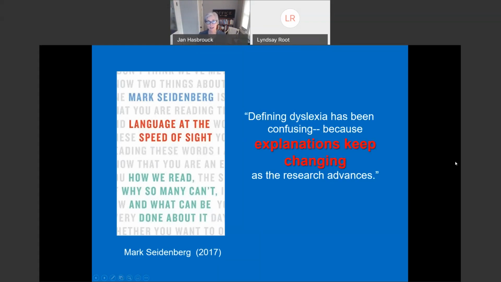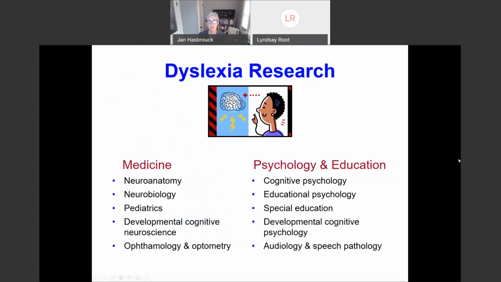The research has advanced tremendously. And in the book that I wrote this summer, this was the body of research I had to look at. There is an amazing amount of research going on in the area of medicine, the neurology of dyslexia, actually looking in the brain, as well as eye researchers and others in the medical field.